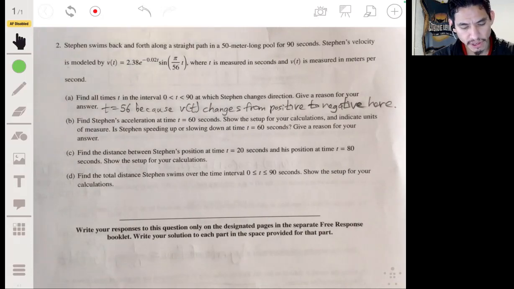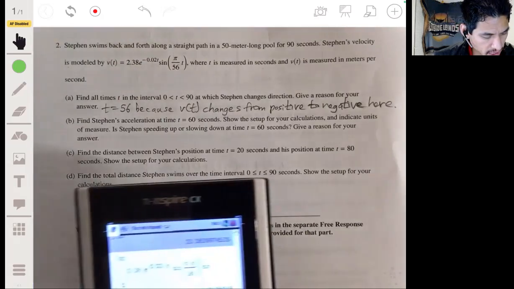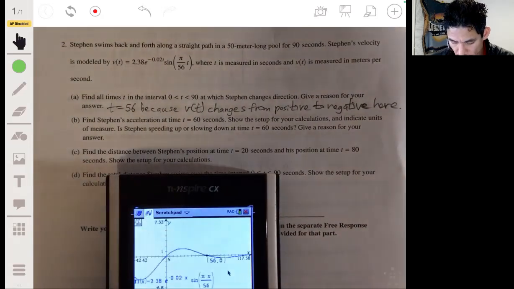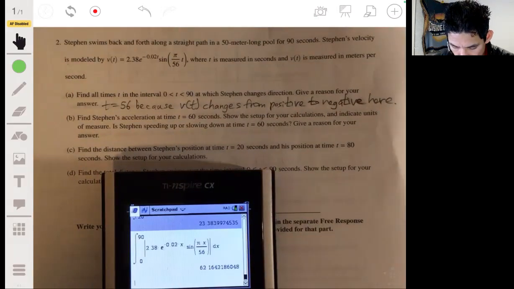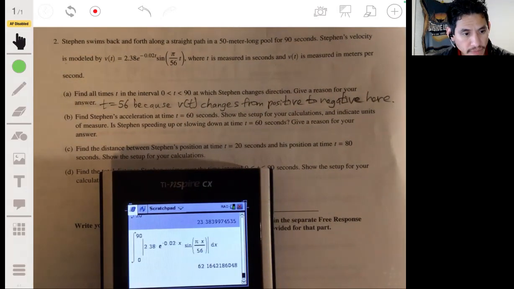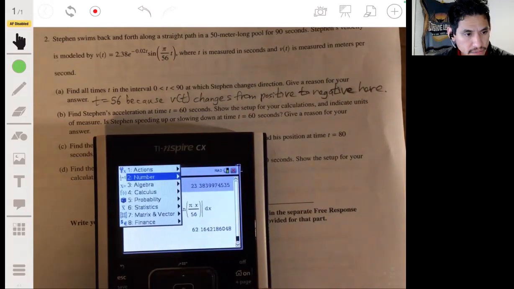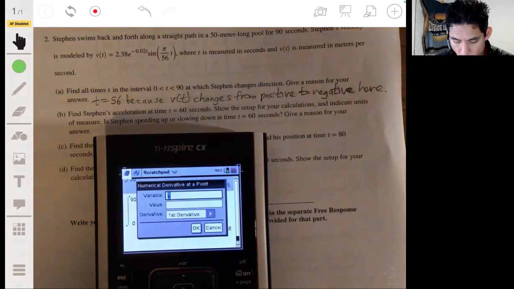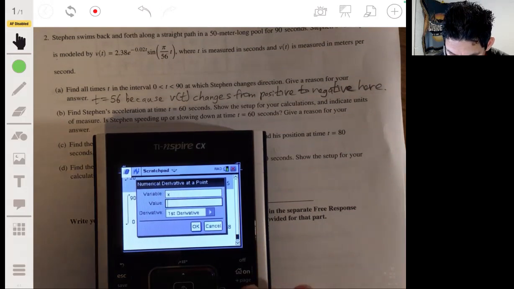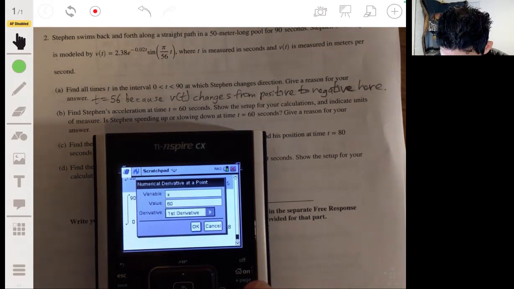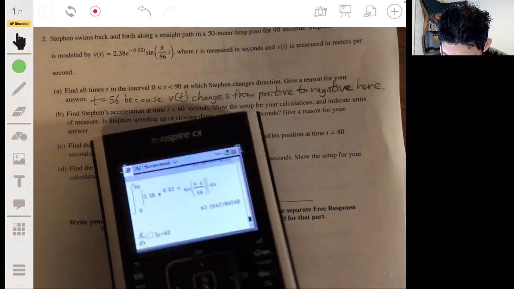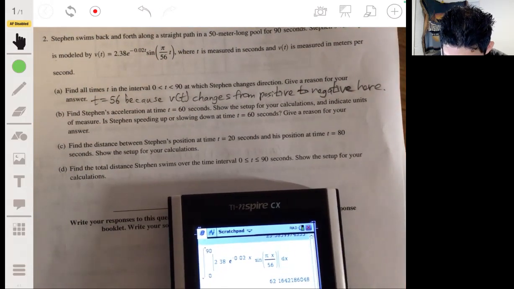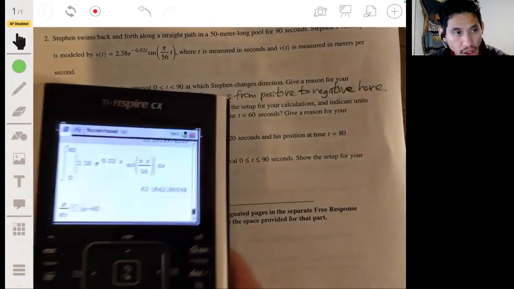So what we can do is go to our calculator, use the menu, the calculus function, numerical derivative at 60. We have to plug this in.